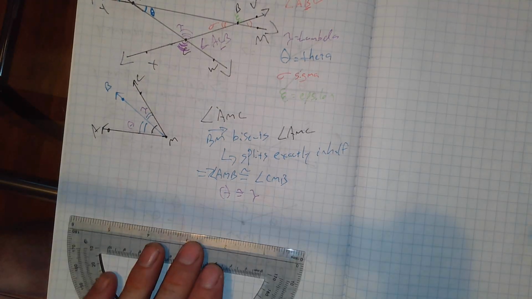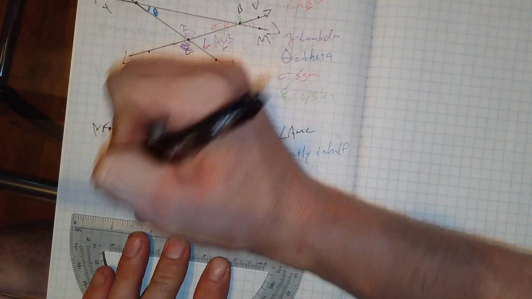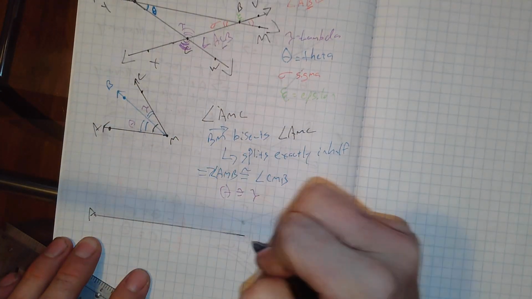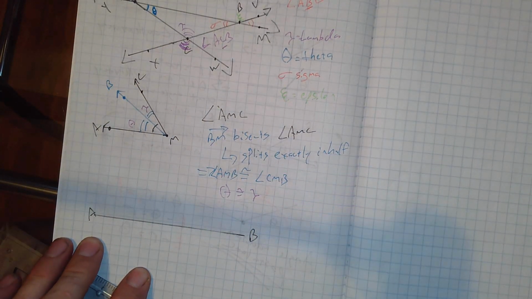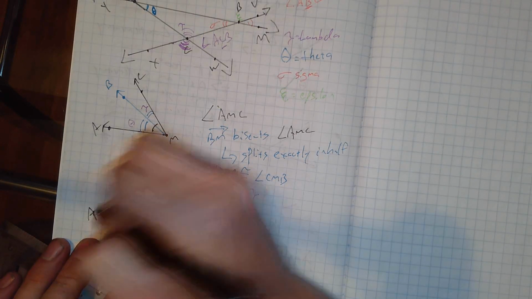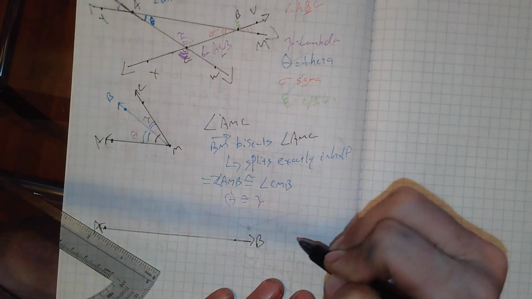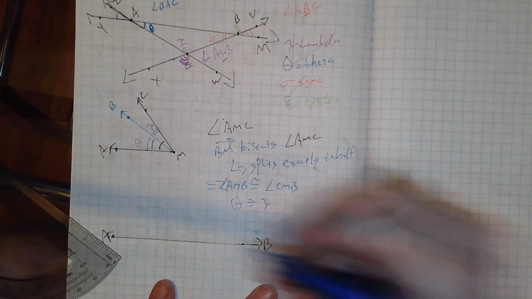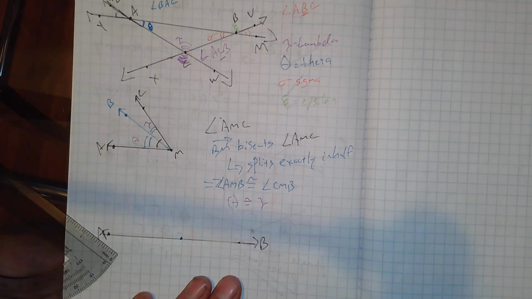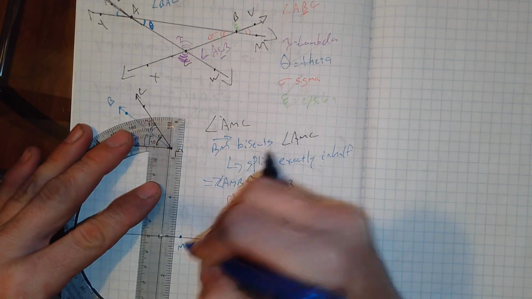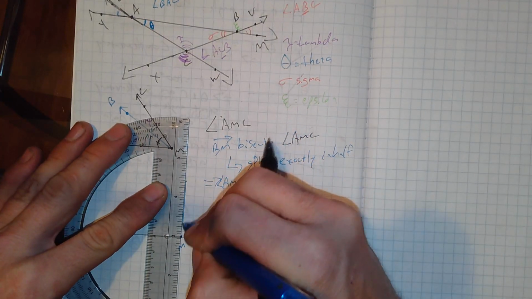Okay, now let's say we have a straight angle like this. Point A and point B, and there's an M right here. You'll see why I named it M in a second.